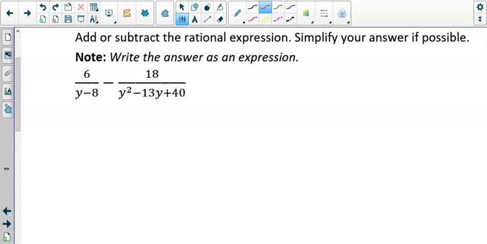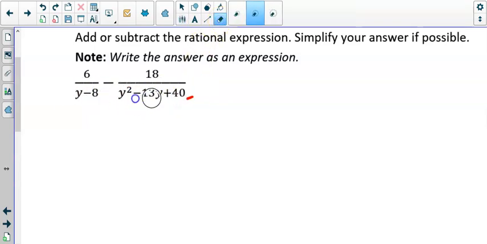Because I can't find the common denominator right now. What do I got to do to them? You got to factor them. So the question is, is x minus 8 factored? Cool, so that's good to go. Sorry, I said x minus 8, I meant y minus 8. Is y squared minus 13y plus 40 factored? No, so we need to factor that.